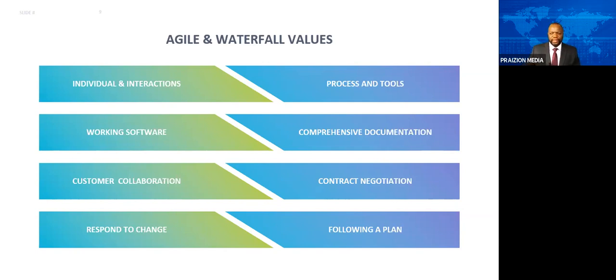Now, we're not saying that comprehensive documentation is bad, but we value what is on the left more than what is on the right. We value humans, customer collaboration over contract negotiation. We want to look at this as we are working together, not working against each other or competing.